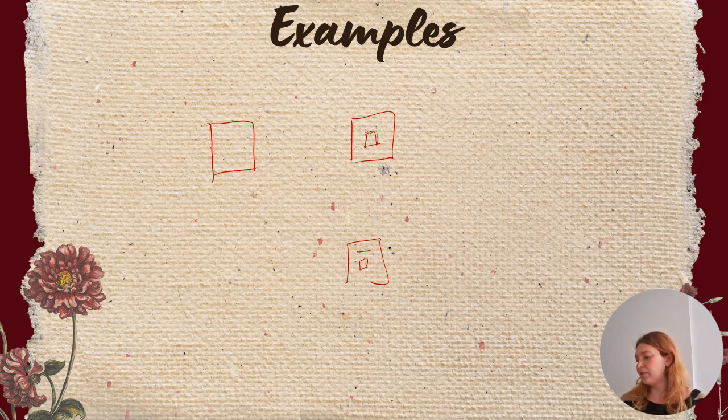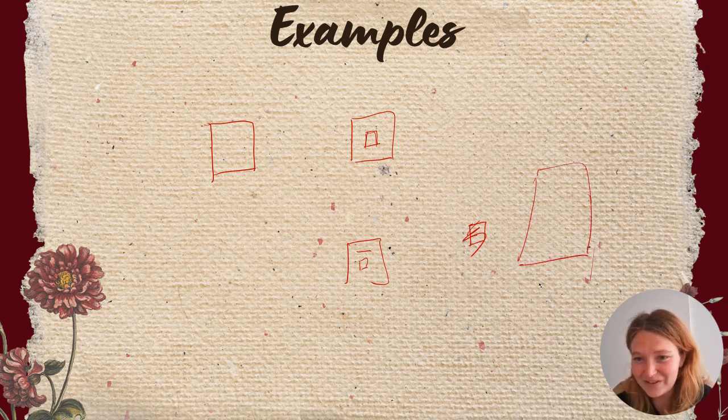Let me see if there are some other characters I can write for you. Let's see, something like Ming, okay, tomorrow, or bright. Sorry, let me try again. I'll draw the whole box for you so you can see the whole thing.